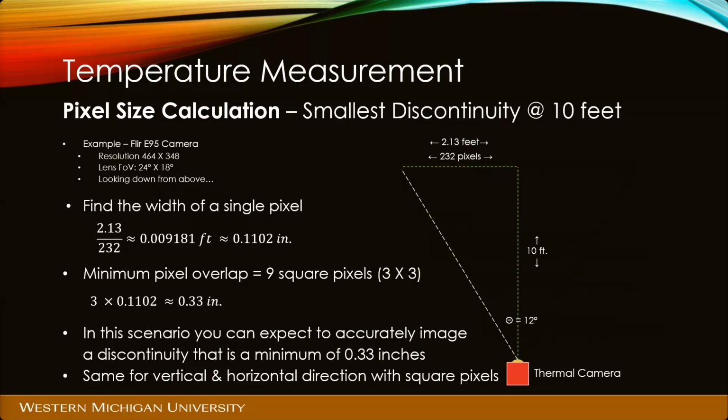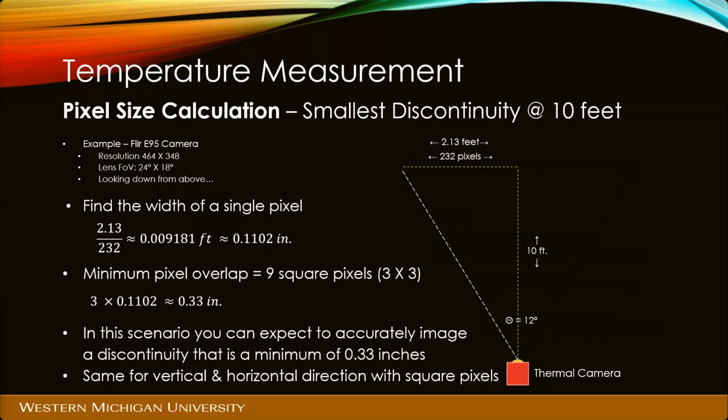That's a pretty good size area we're able to image at one time, as long as the discontinuities we're looking for are over 1/3 of an inch, 0.33 inches. So if the allowable damage is 0.5 inches, we could stand 10 feet away. If the allowable damage is only 1/4 of an inch, what would we have to do? We would have to move physically closer to the object we're imaging.